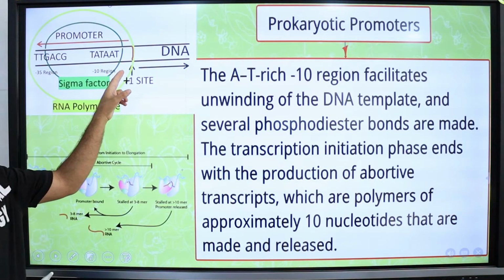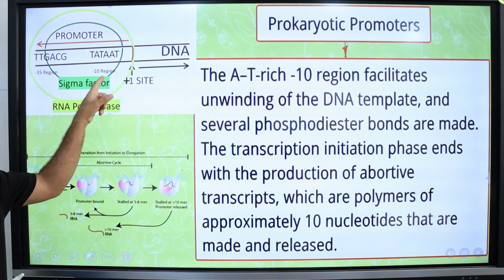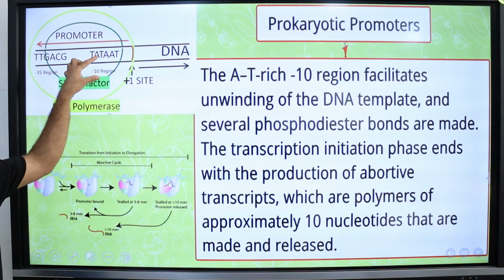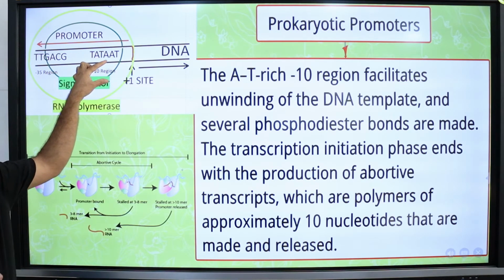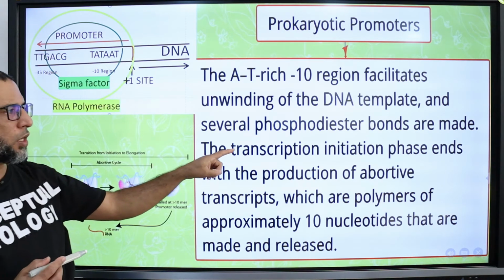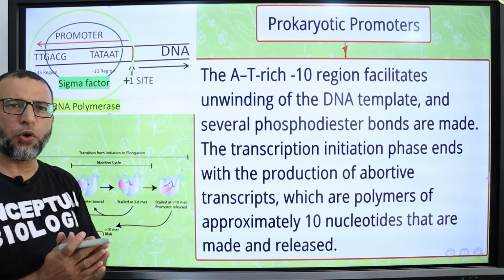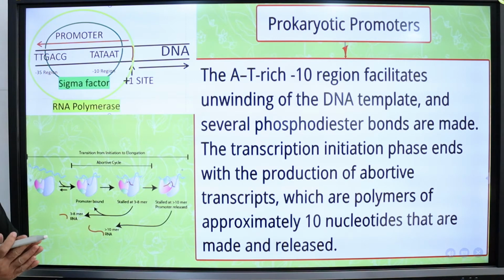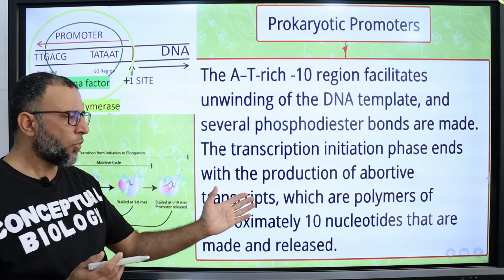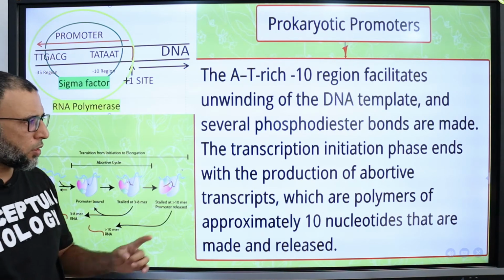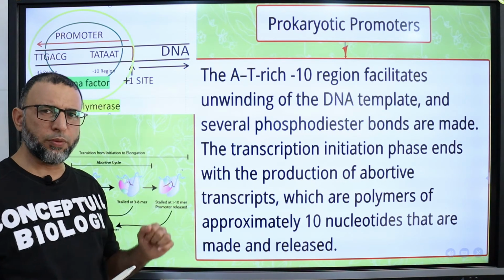The adenine thymine rich -10 region facilitates the unwinding of the DNA template strand and several phosphodiester bonds are made, and the transcription initiation phase ends with the production of abortive transcripts, which are polymers of approximately 10 nucleotides that are made and released. So what is abortive transcription?